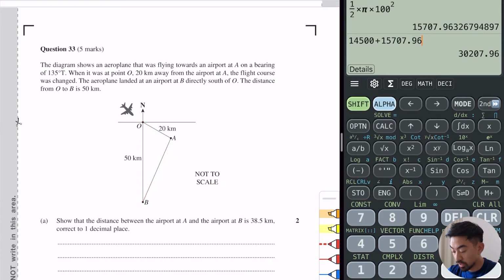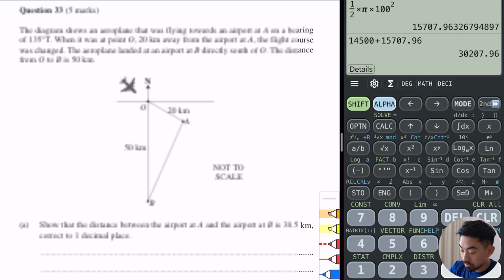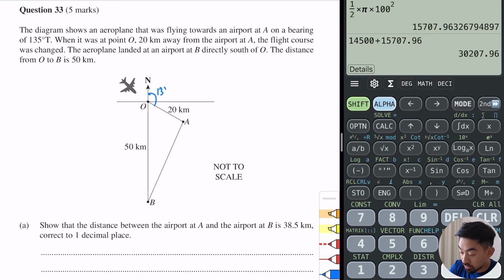A, show the distance between the airport A and the airport B is 38.5 kilometers, correct to one decimal place. Okay, so let's put in a bit of information here. We know that it's flying on a bearing of 135. So that there is 135 degrees, which means that inside has to be 180 minus 135, so 45 degrees.